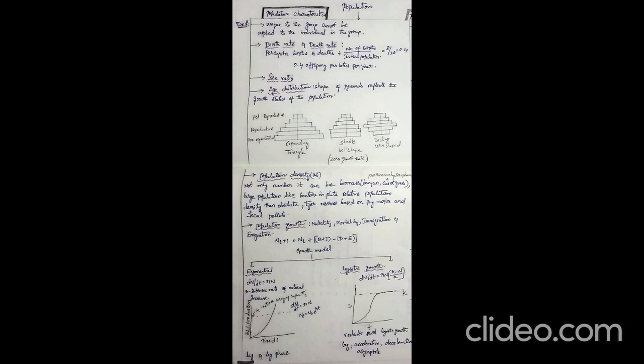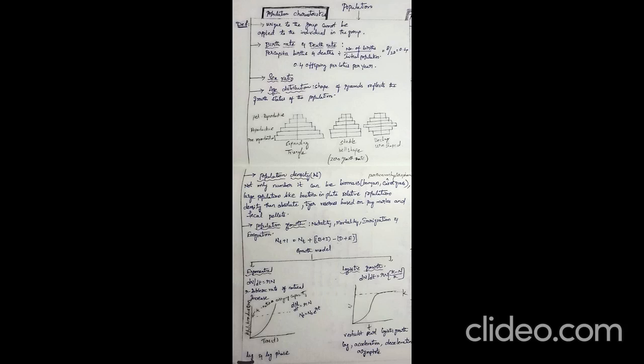When it comes to the logistic growth curve, it is the realistic one, when the resources are limited. And here comes one more letter, that is K. K stands for carrying capacity. And you will get a curve shape that is S, the sigmoid growth curve. That is J shaped, this is sigmoid.